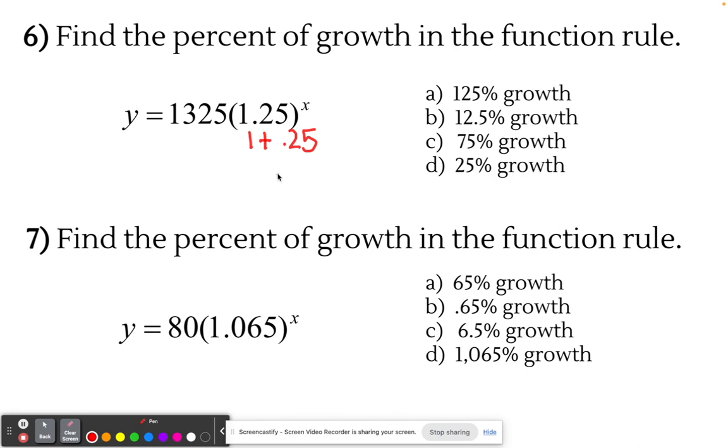So if I move it, that is 25% for my growth percent. So that would be D. Let's look at the next one. I have 1.065. That would be 1 plus 0.065 for my growth percentage. Move it. 6.5% growth. C would be the correct answer.